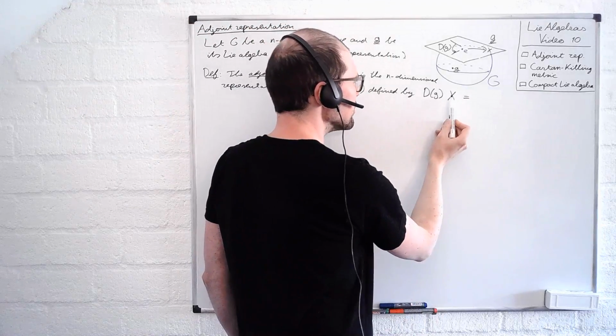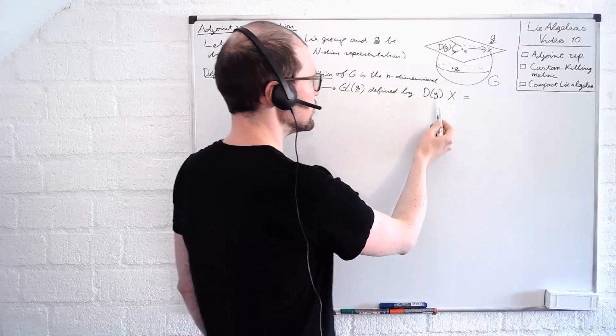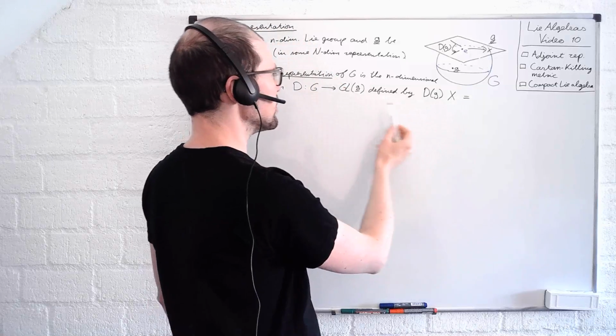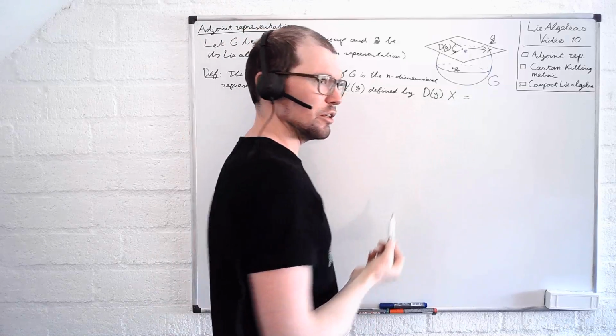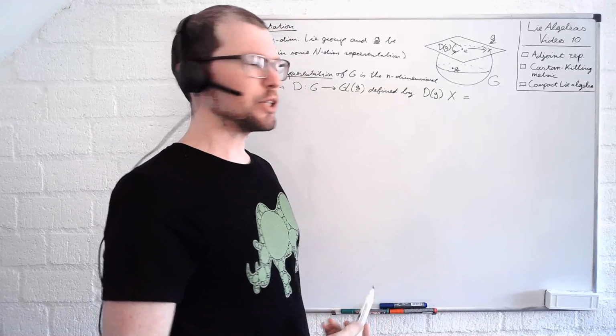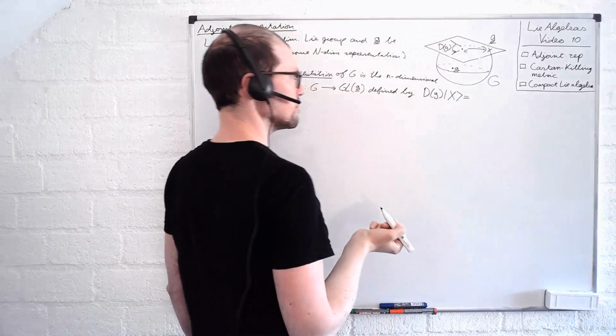Since g and x are both N-dimensional matrices, I want to avoid the confusion that this may mean some matrix multiplication. So let me introduce a quantum mechanical notation.